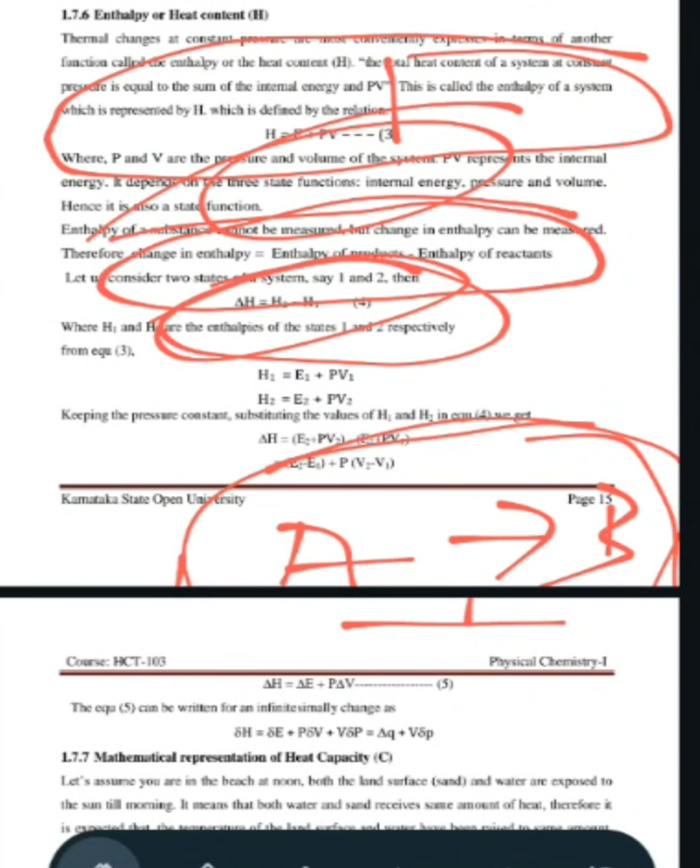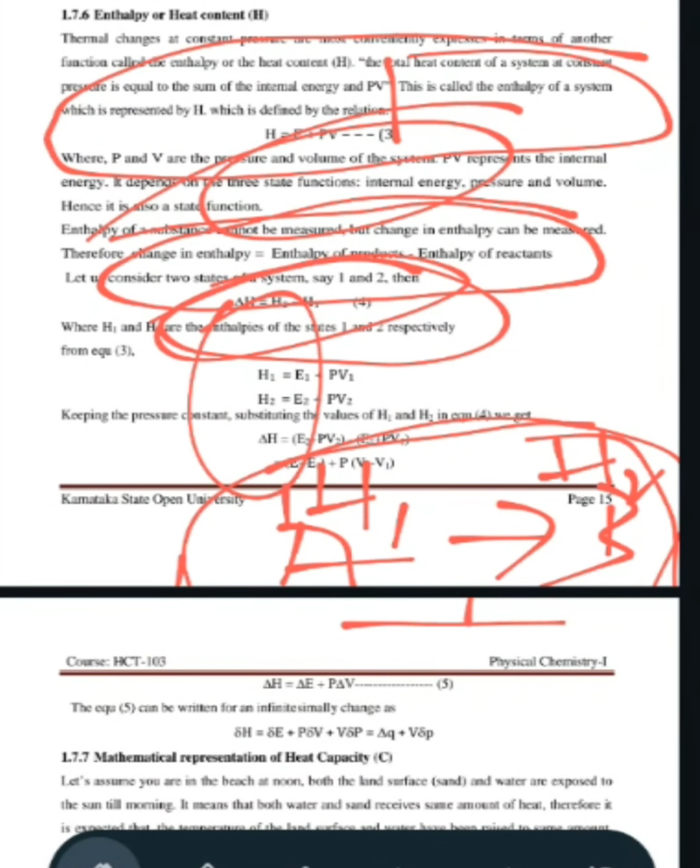So H1 is equal to E1 plus PV1 and H2 is equal to E2 plus PV2. H1 can be denoted on the A side and H2 on the B side.